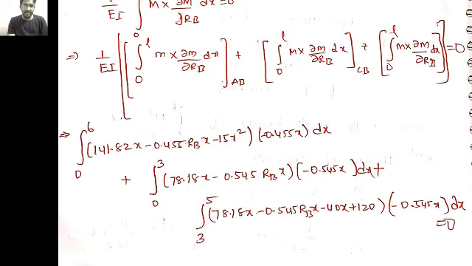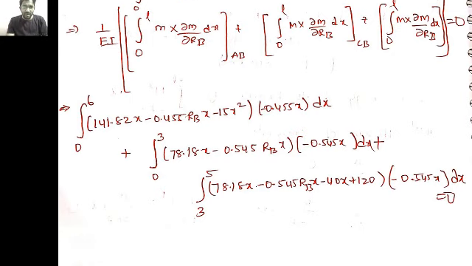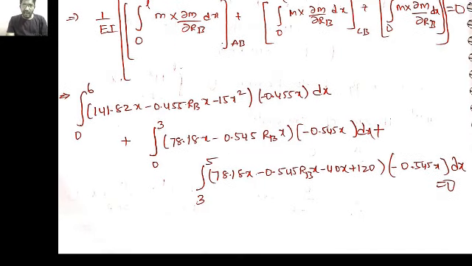So after integrating, what are the integrations here? Only the integral of x, meaning the integral of x power n dx is x power n plus 1 by n plus 1. That is the only integration that will appear here after solving. So finally RB is the only unknown.